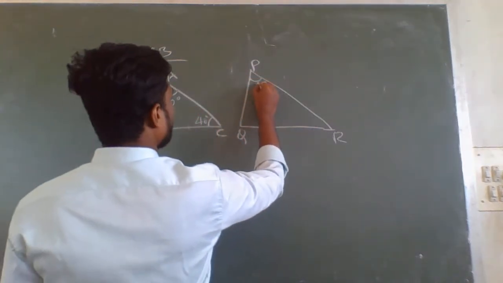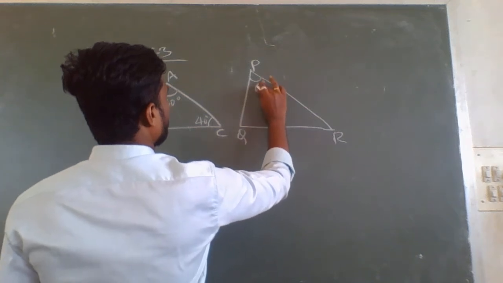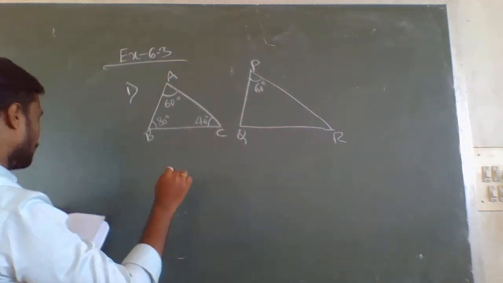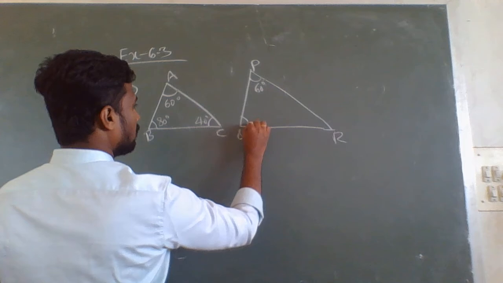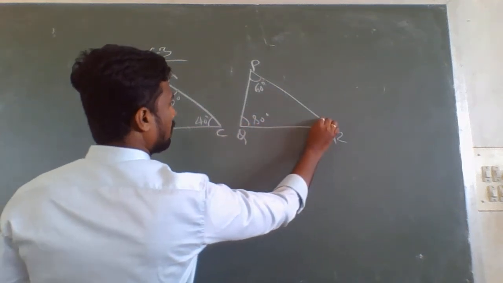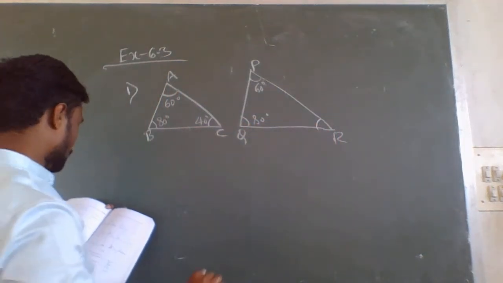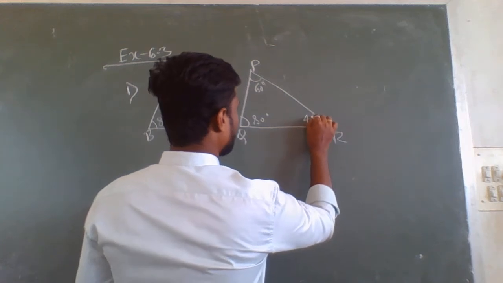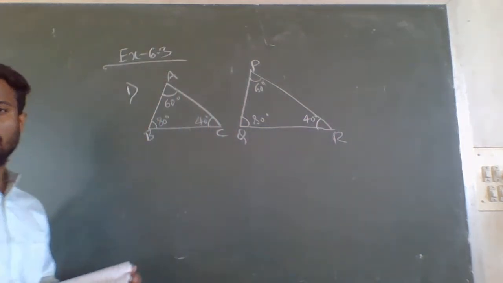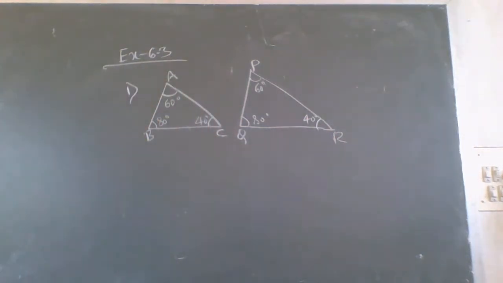This is 60 degree. Angle Q, this is also 80 degree. And angle R, this is 40 degree. So here we have to mention whether this pair of triangles is similar or not.